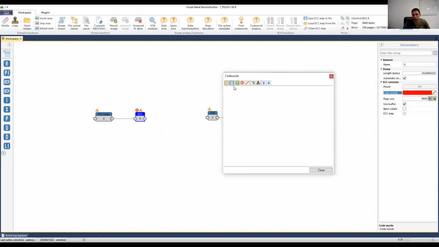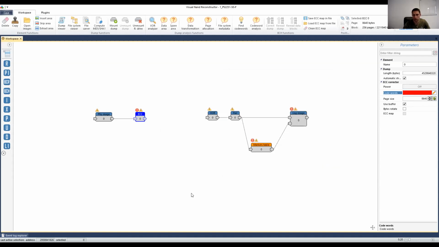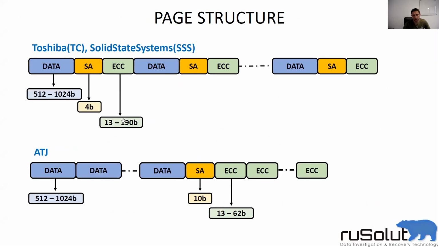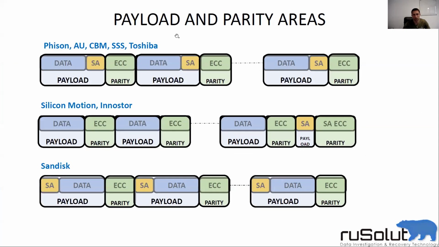One code word is supplied for one payload area plus parity area. So if you have a structure of the page like this, one code word should be made for one payload area plus parity area.